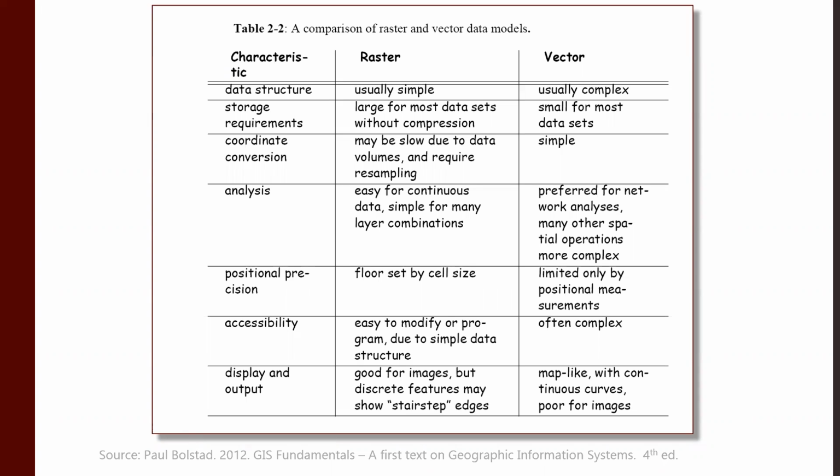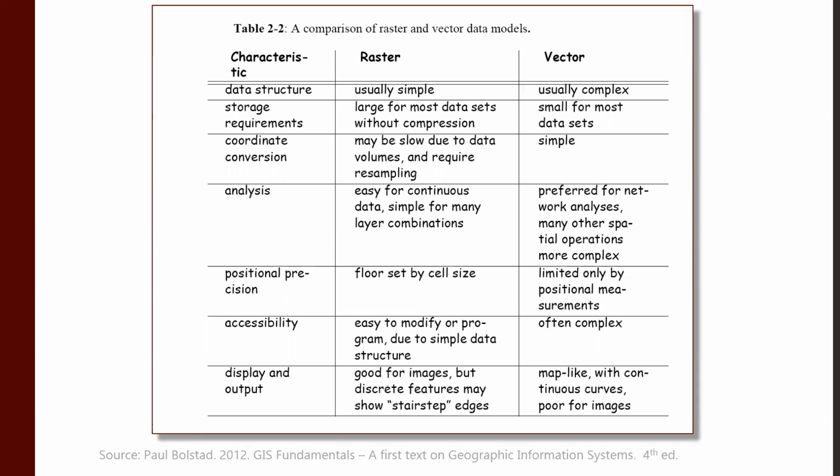Want to fix some kind of error that you see? Go to Notepad. Now, hardly anyone does that anymore, but that simple data structure means that raster data is really interoperable. You can use raster data in lots of different programs, in lots of different software, in lots of different contexts. It has a lot of different utility.